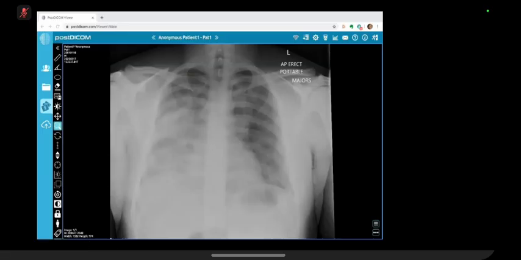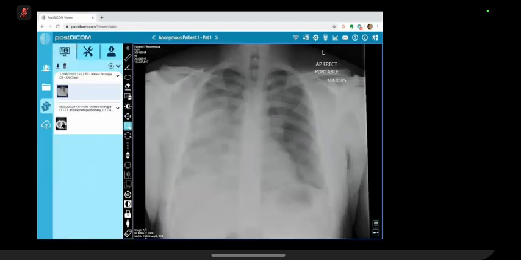The costophrenic angles are well spared. In a 19-year-old with a first presentation, I would be thinking of an infection or an inflammatory process. If the patient is quite unwell, I would proceed to a CT to evaluate the pattern further in terms of what could be causing this high-grade diffuse opacification.